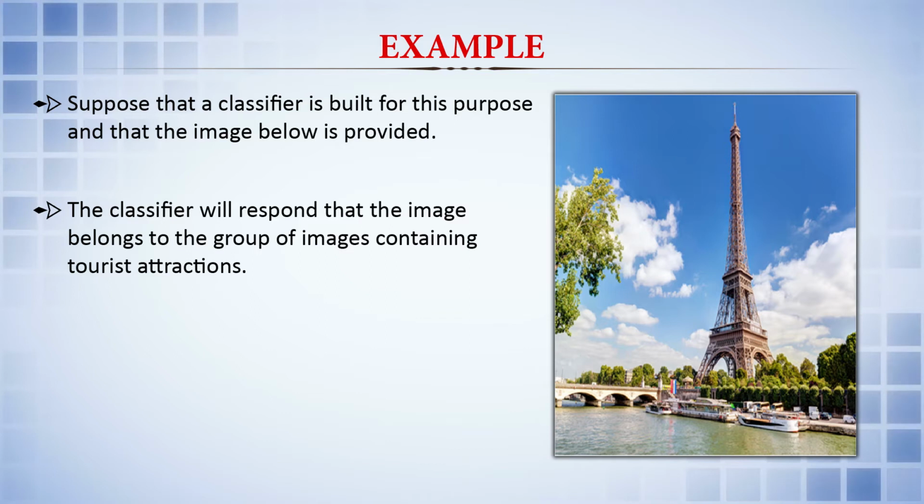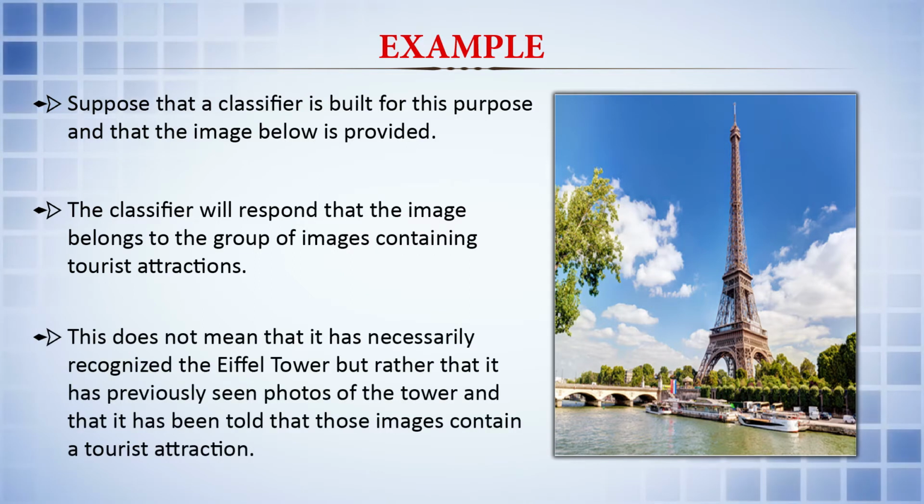So, similar kinds of towers, monuments or pillars will be displayed whenever we use such a search using classification. This does not mean that it has necessarily recognized the Eiffel Tower, but rather that it has previously seen photos of the tower and it has been told that those images contain a tourist attraction.